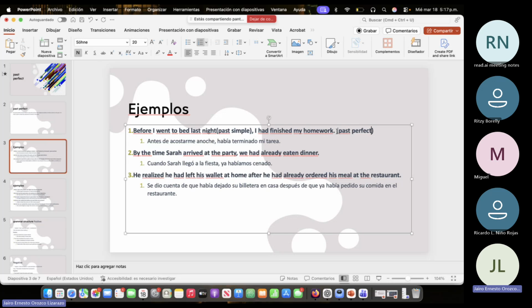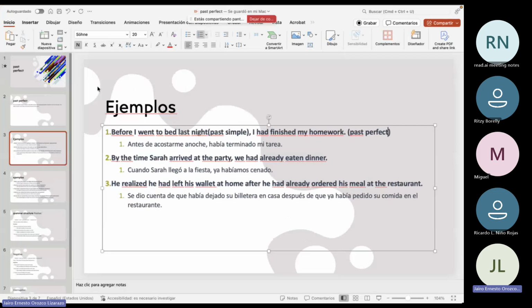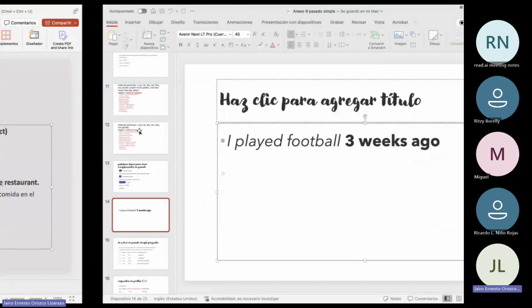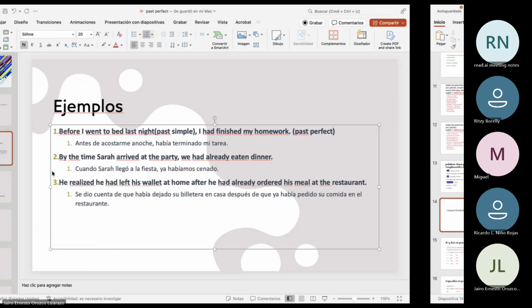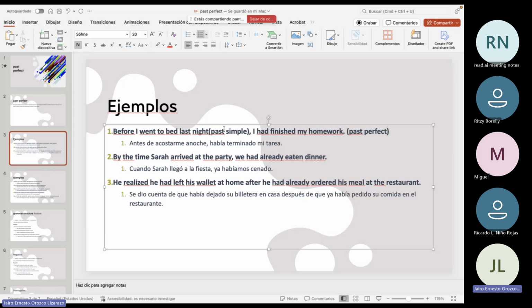With past simple, we have to specify when the action happened. In that case, we use a time, we use weeks ago, we use hours, we use years, we use the word yesterday. With past perfect, we have to specify what is the action that happened before. Okay.